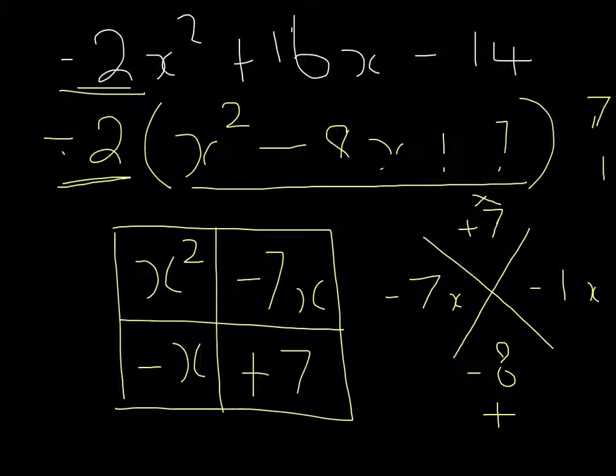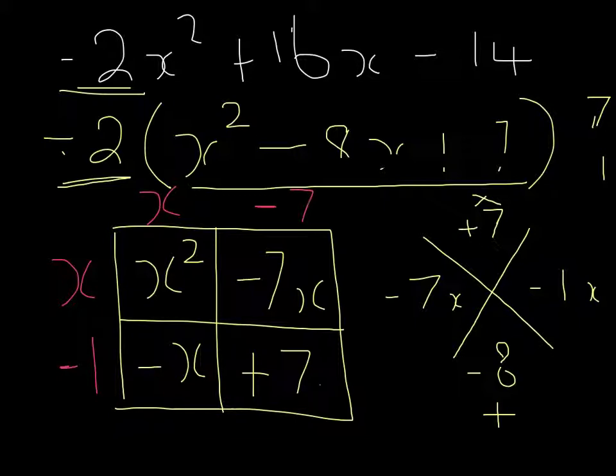Again, nice and easy to start off with because x and x are the only combinations that will make x squared. If I have got x, I need to multiply it by minus 7 to get minus 7x. I would multiply x by minus 1 to get minus x, and minus 1 times minus 7 gives me plus 7, so that's okay.